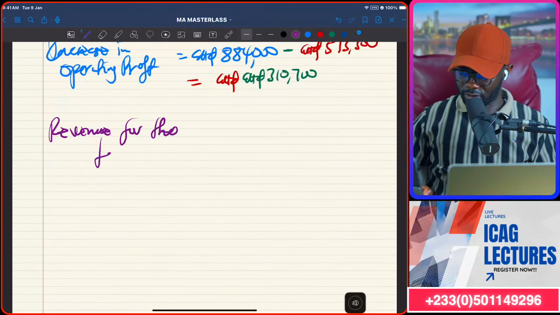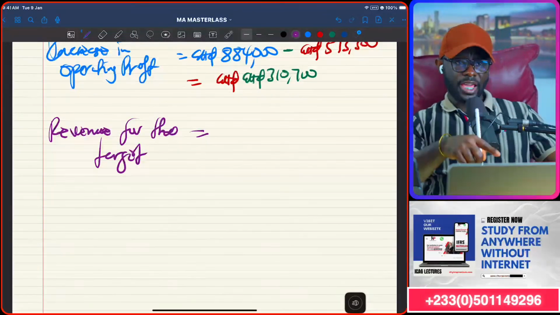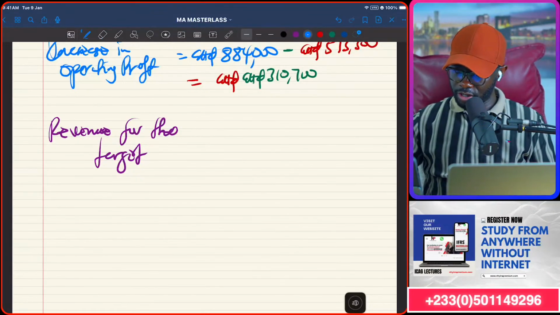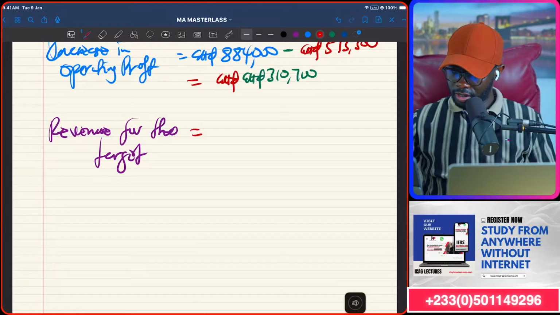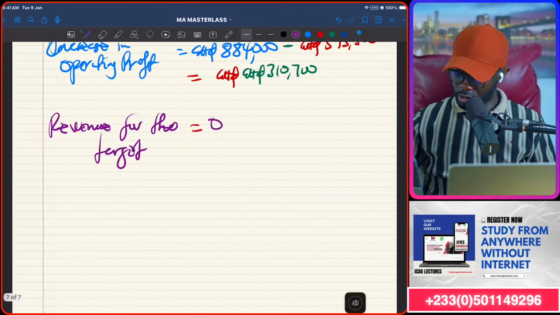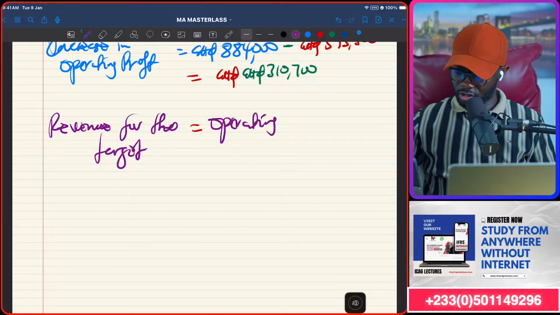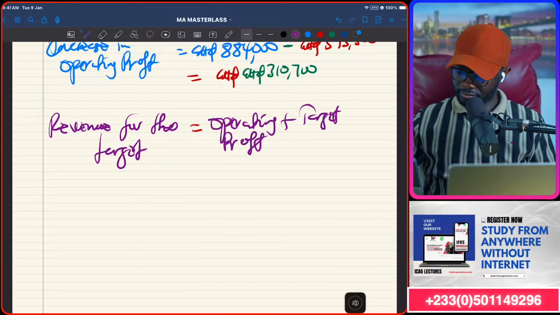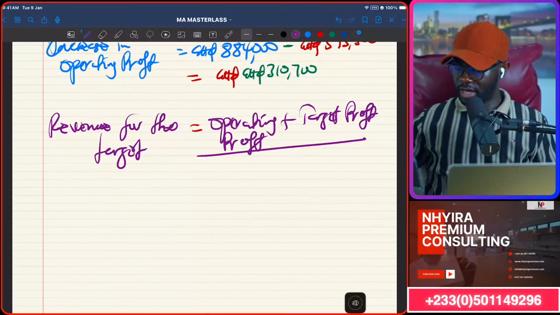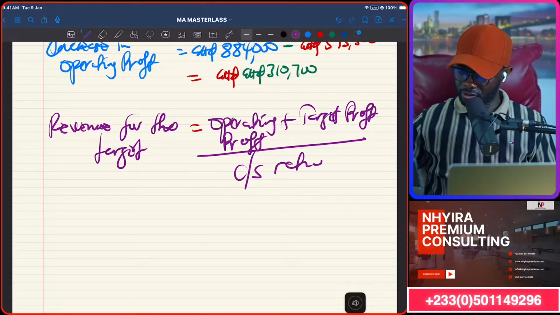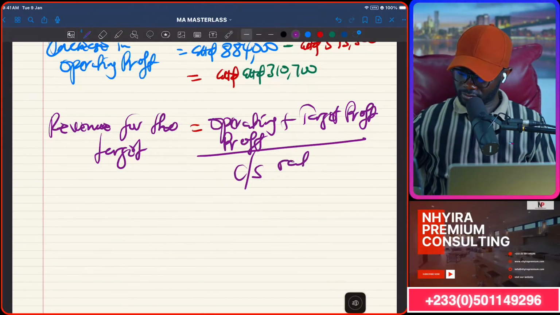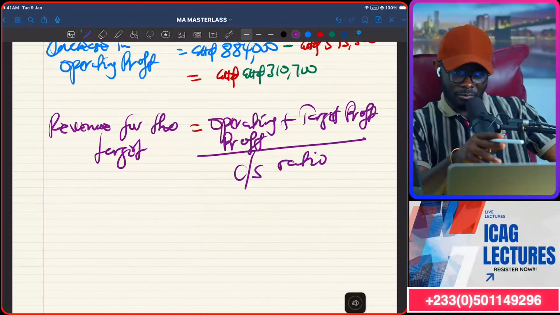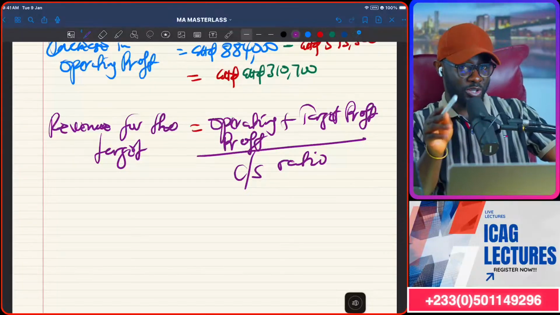for the target profit. From your break-even class, you know revenue to achieve target profit is going to be your operating profit in this concept plus the target profit divided by contribution to sales ratio. Yes, in your break-even, you are thinking about fixed cost plus target profit divided by contribution to sales ratio.